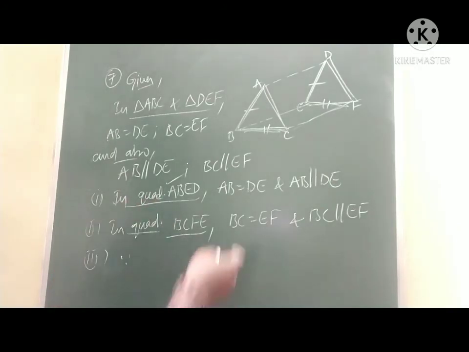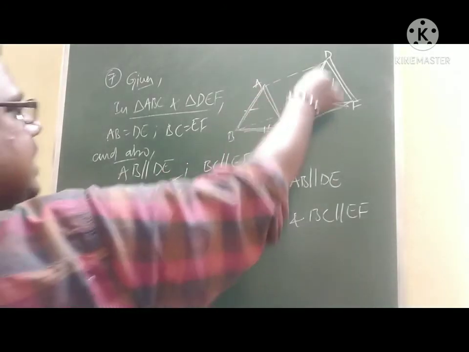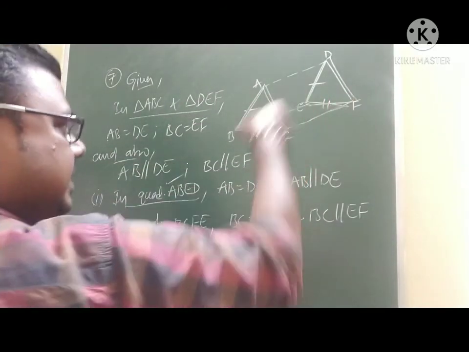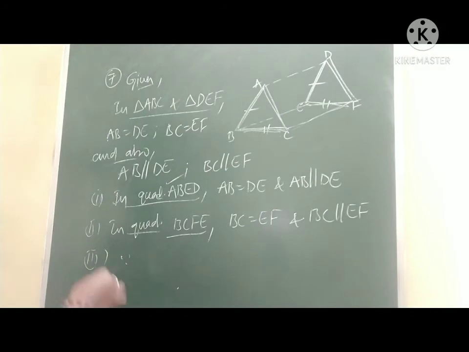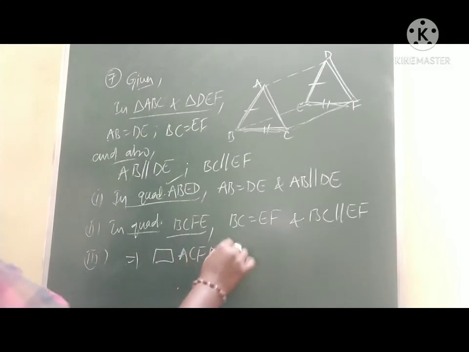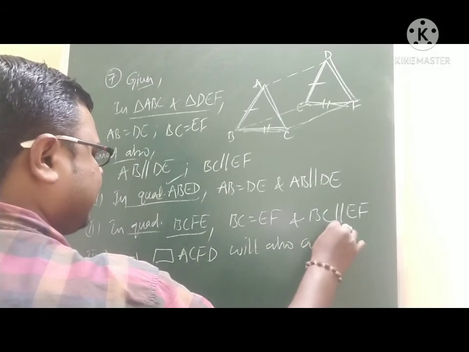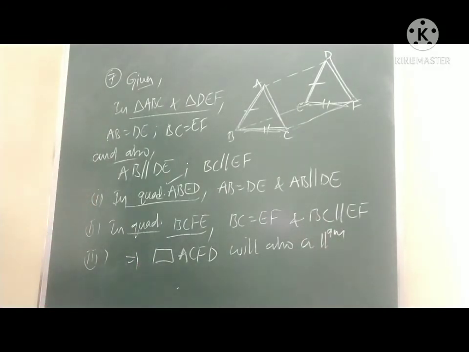I repeat again, we have already proved ABED is a parallelogram, then BCFE is a parallelogram, so it implies quadrilateral ACFD will also be a parallelogram. So when it is a parallelogram, what can we write here?